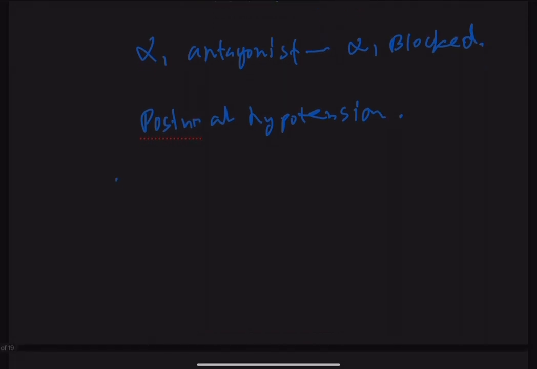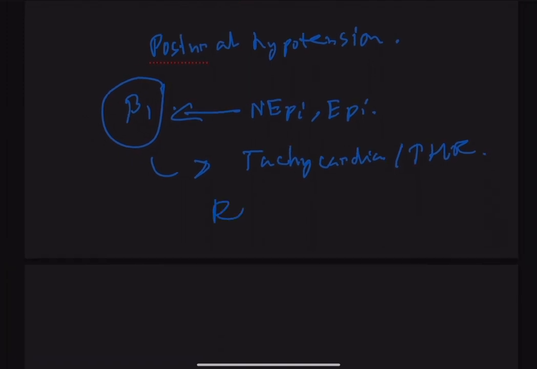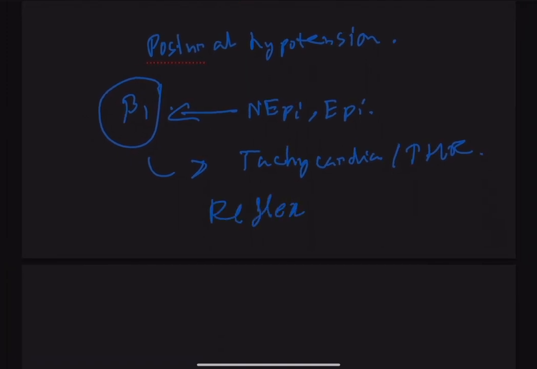But there is the beta 1 receptor in the heart which is not blocked, okay? Then norepinephrine and epinephrine can bind with this beta 1 receptor and causes tachycardia. Tachycardia or increase in heart rate, and this is called the reflex tachycardia.